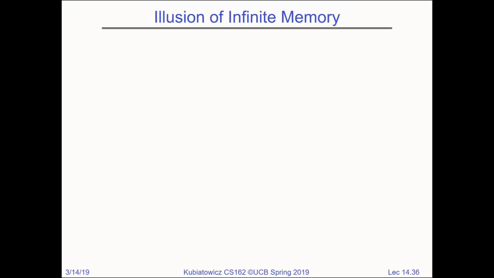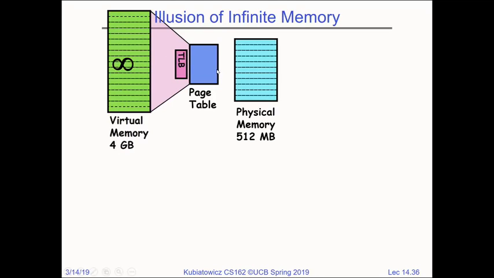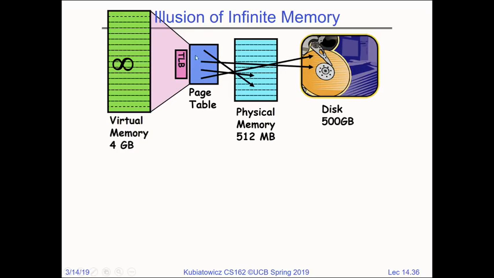Good. So this is the illusion of infinite memory. Now, in 32 bits, it used to be that 4 gigabytes was a lot. 4 gigabytes is now a little, but let's assume for a moment it's a lot. The illusion is that my process has all of memory, and that illusion is set up by a combination of the TLB and page table, which really says that those things that I've got are either in physical memory or out on disk.